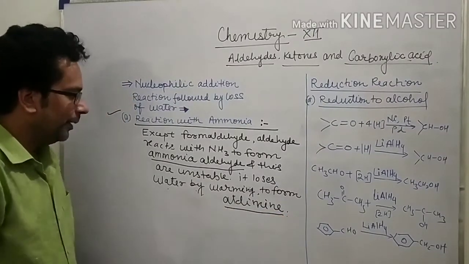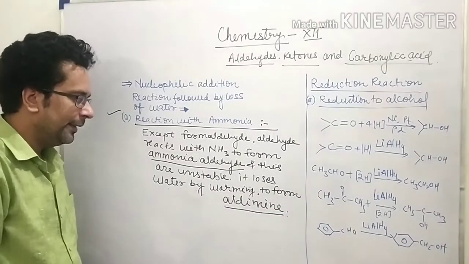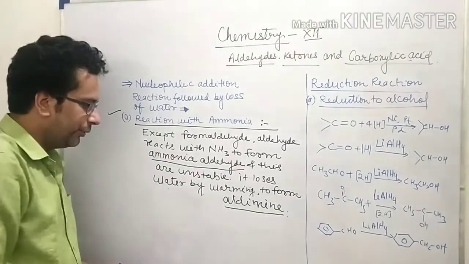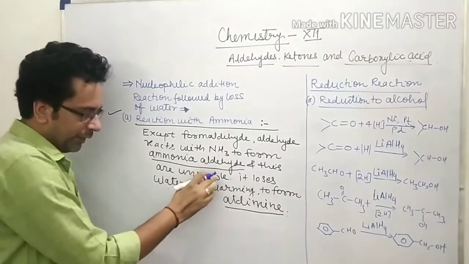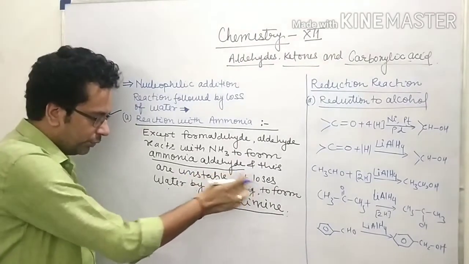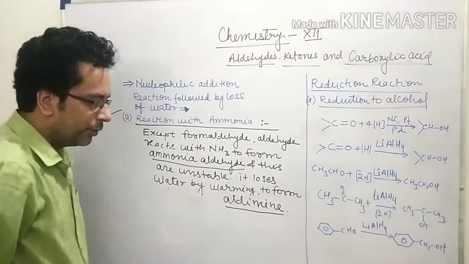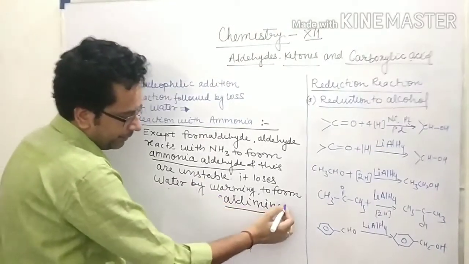So, except formaldehyde, aldehydes react with ammonia to first form aldehyde ammonia, which is very unstable. It loses water by warming to form aldimine.